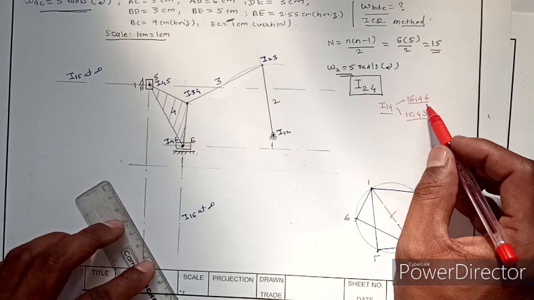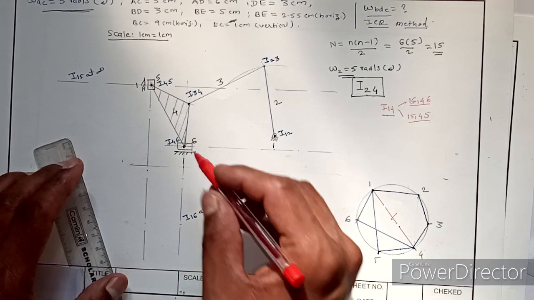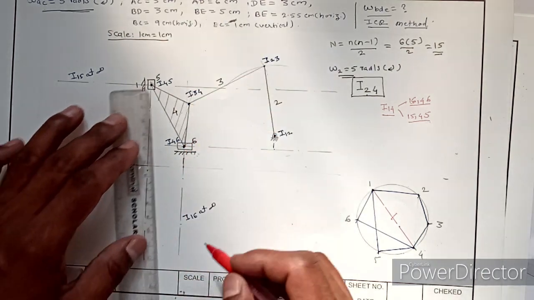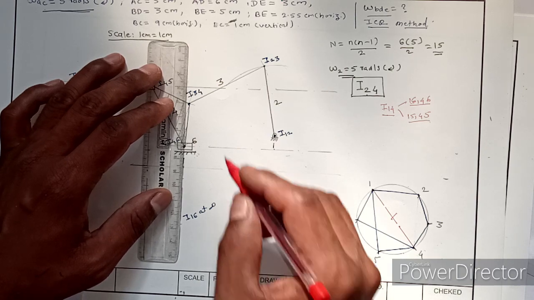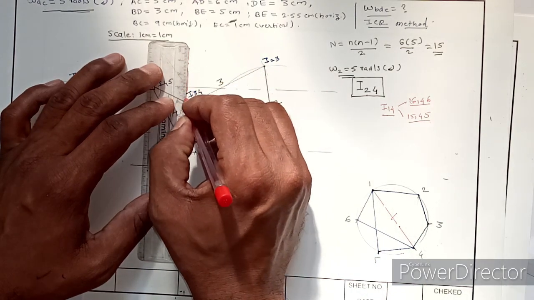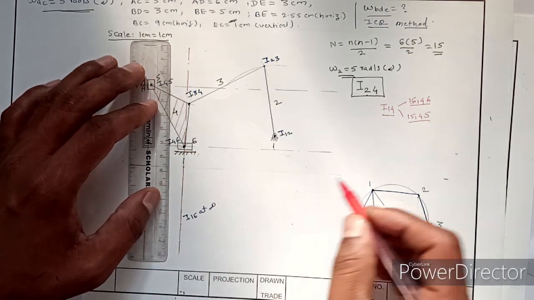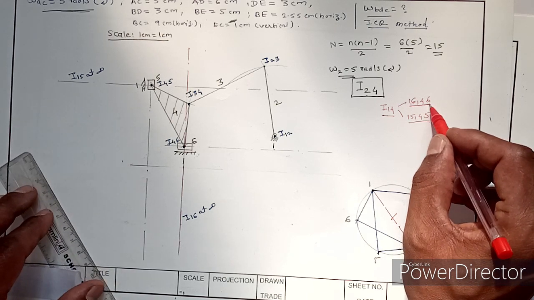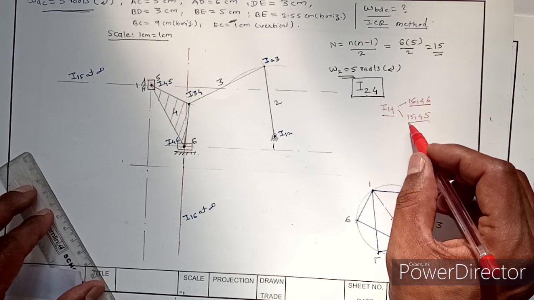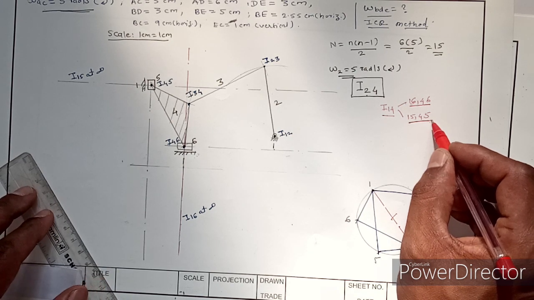So let us draw these two lines. The first line is 1 6 4 6. So 1 6 is at infinity along this line, 4 6 is here. So this is the line joining 1 6 and 4 6. This is my first line, which joins these two IC centers 1 6 and 4 6. Now the second line is 1 5 4 5, the line joining IC 1 5 to IC 4 5.